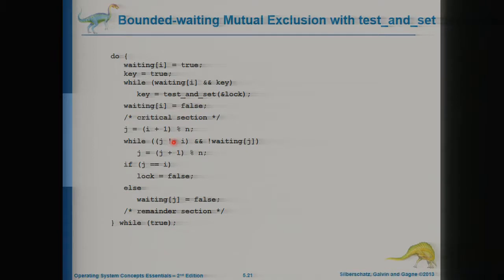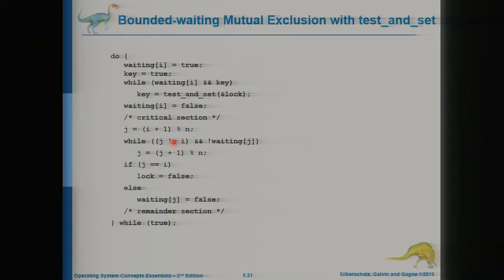If P4 also comes into the picture and says it wants to enter, then after P2 finishes, P4 enters the critical section. P1 enters, P4 enters. What is happening to P3? P3 is continuously waiting because all the others who have already finished execution are again repeating the execution.